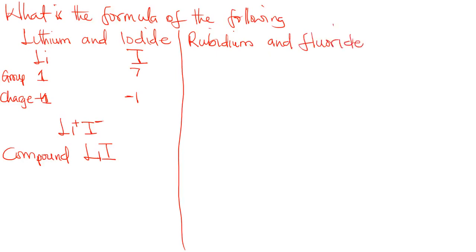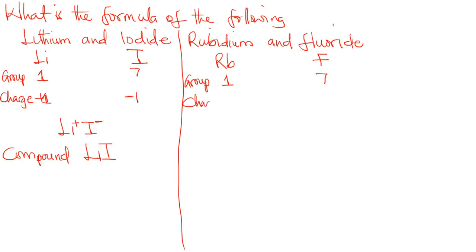The symbols are: rubidium is Rb, fluorine is F. Group: rubidium is in group 1, fluorine is in group 7.